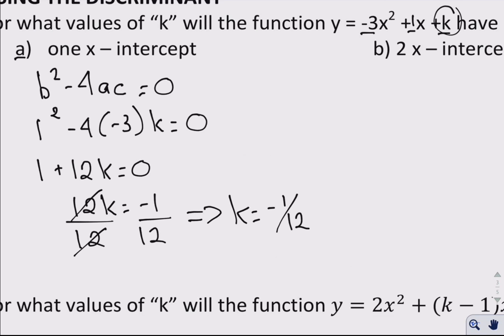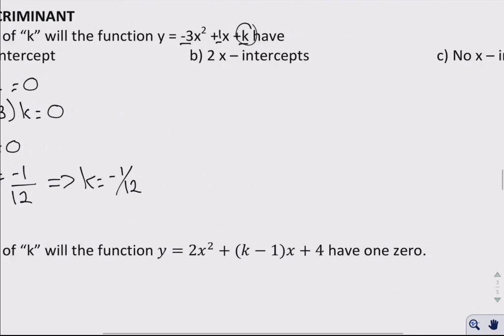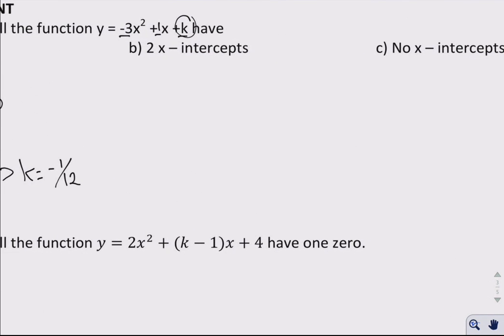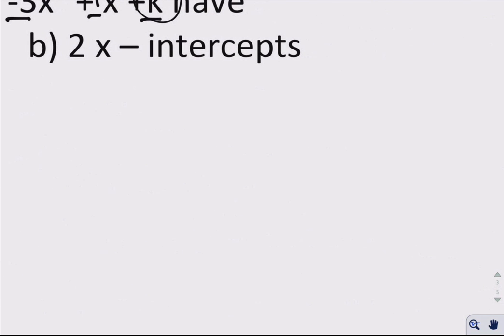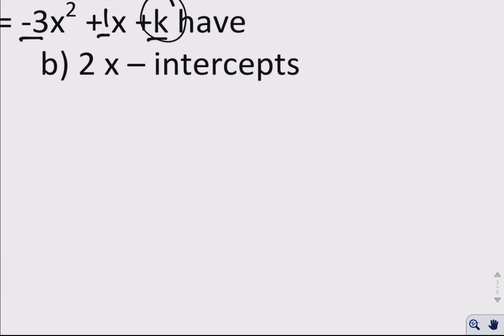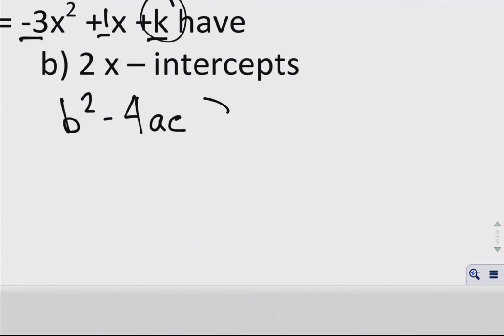Okay, for the second part, for b, looking at the same quadratic function, but I want to make k such that I have two x-intercepts. So again, if you recall from our analysis of the discriminants, if the equation has two x-intercepts, then b squared minus 4ac has to be greater than 0.